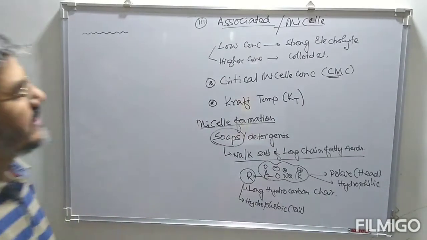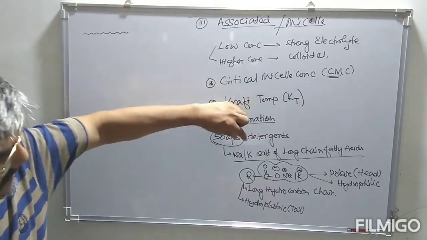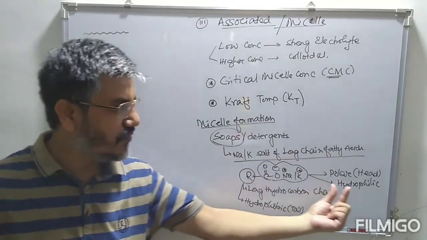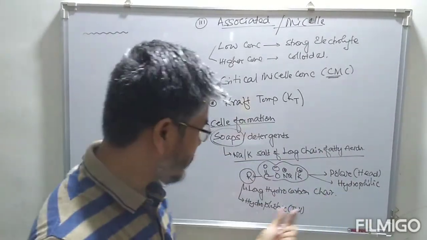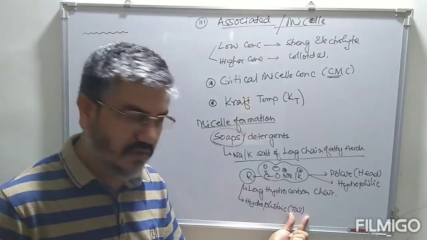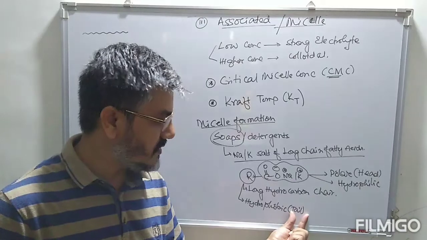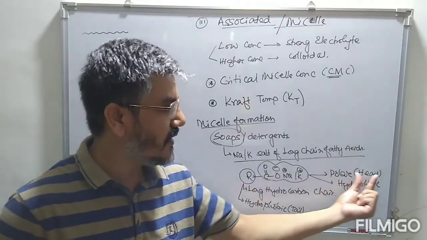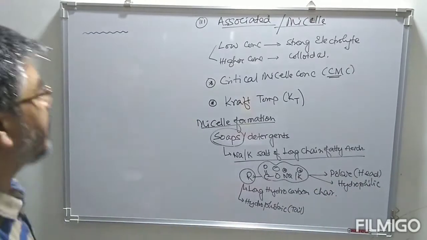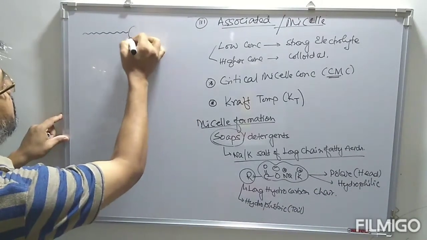That means these soaps and detergents contain two parts, a hydrophilic as well as a hydrophobic part. The hydrophobic part is not soluble in water. This is known as the tail, and the polar head is soluble in water. This is known as hydrophilic. So we have looked at this.